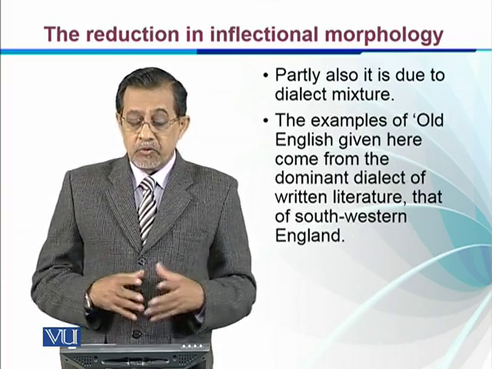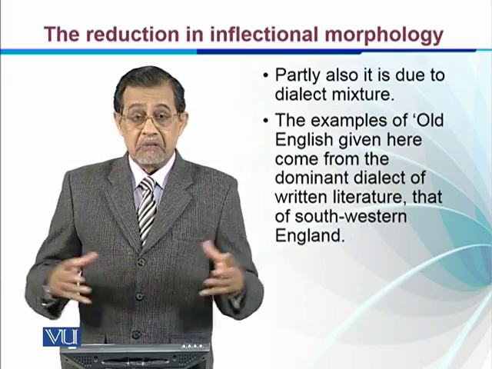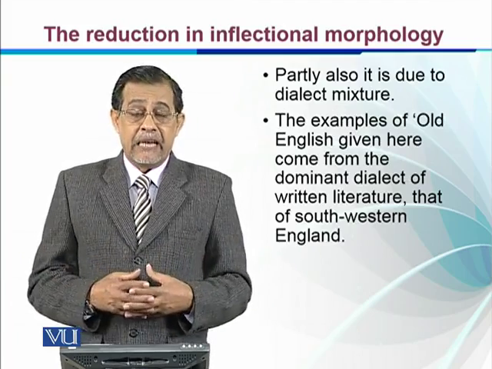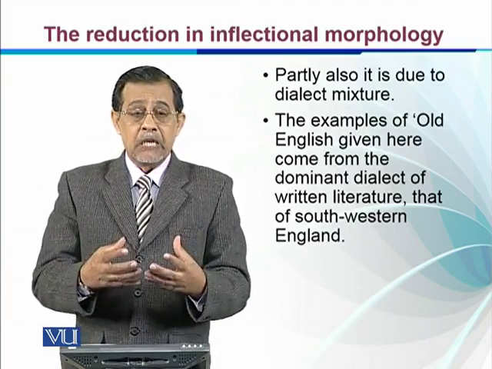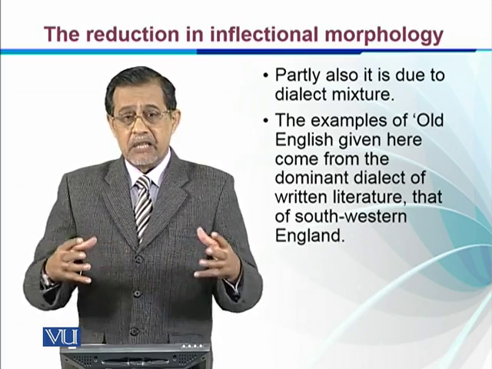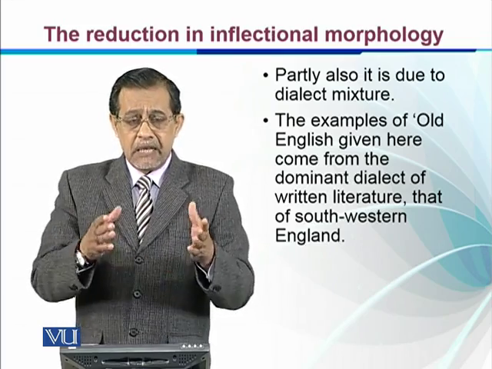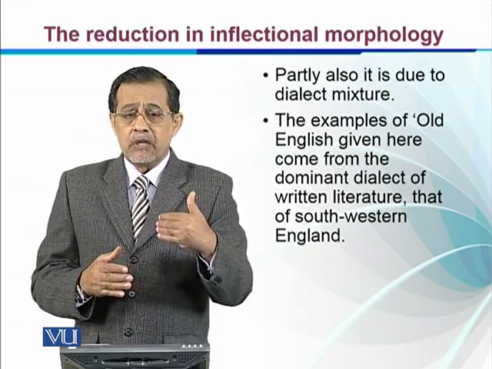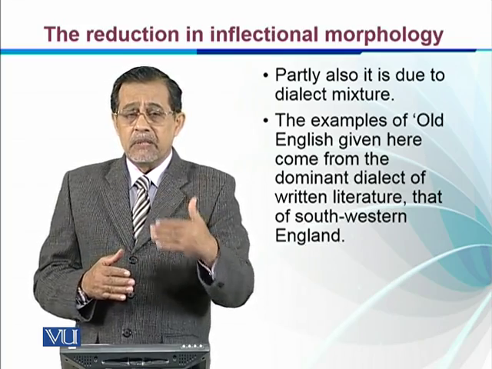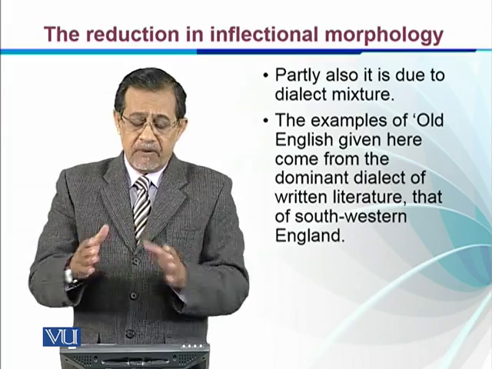Partly also it is due to dialect mixture. Different people using different dialects came into a working place or some other place, and they started using language, and this is how they minimize the use of inflections.